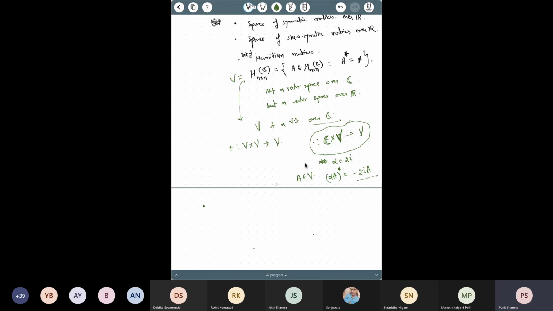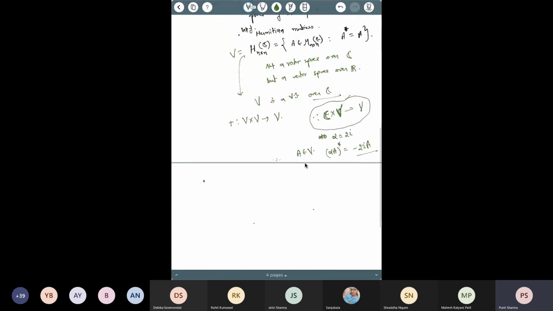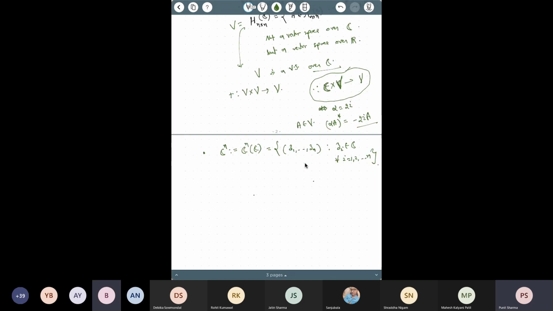Like we have talked about Rn, we can also define Cn over C. This Cn I will use for this vector space, the collection of all n-tuples (z1, ..., zn) where each zi comes from C. So this is a vector space over C. Similarly, you can also talk about Cn over R. This is also a vector space.